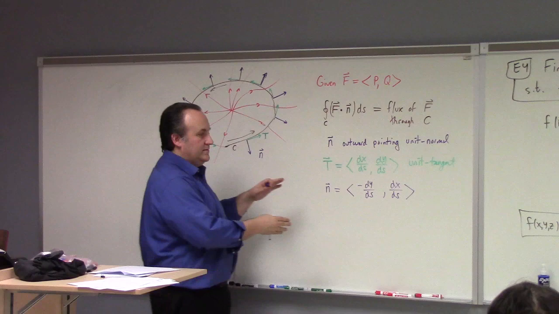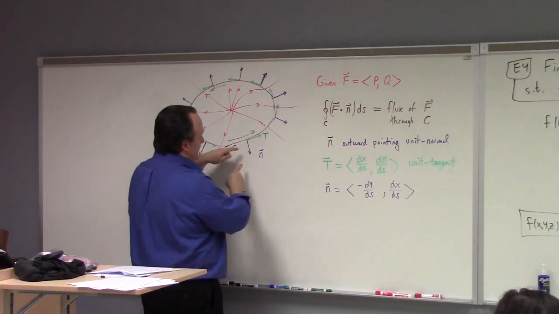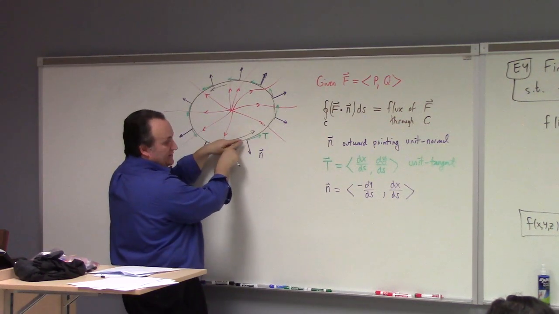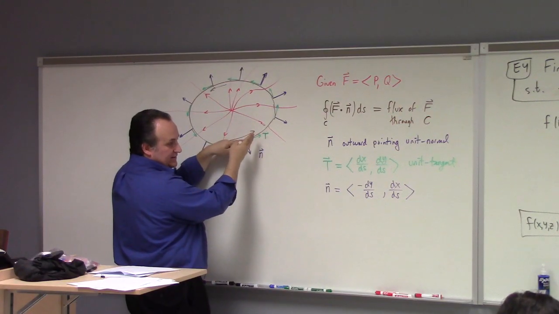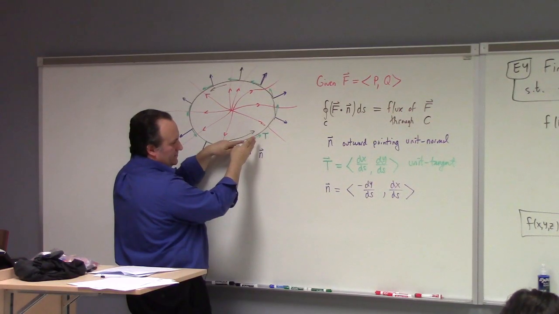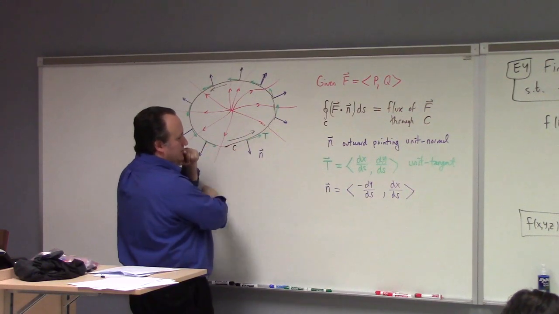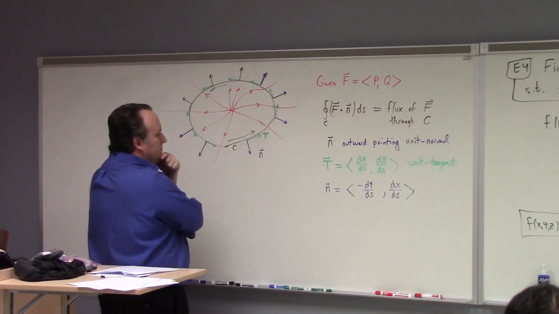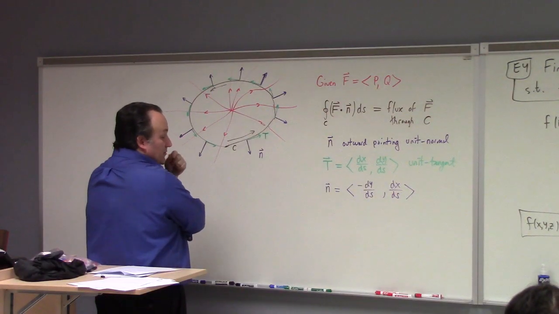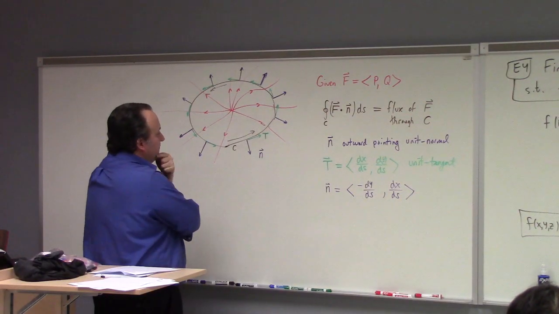Does that work? See if it works. If the tangent has dy ds a little bit positive... Did you just say that n dot t is 0? Yeah. Well, yeah, but what's the formula for it?